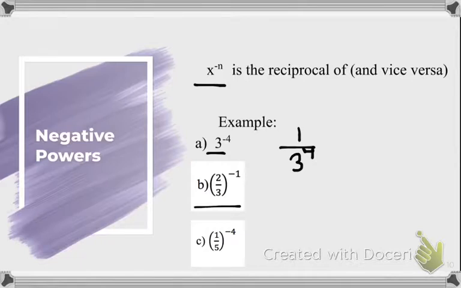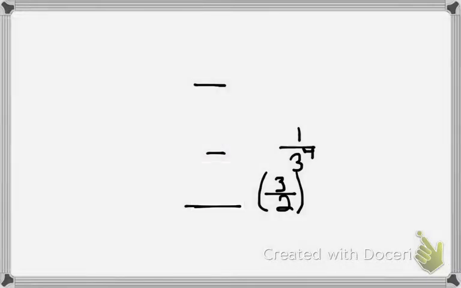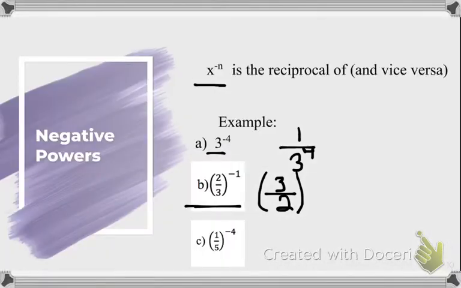We can do the same with this one, so we flip the fraction so that I have 3 now over 2, and then it's going to be a positive 1 on the outside. Okay, and then I have this one here.